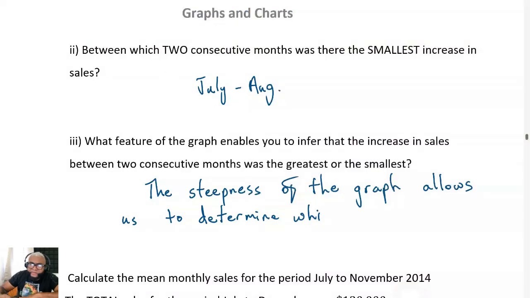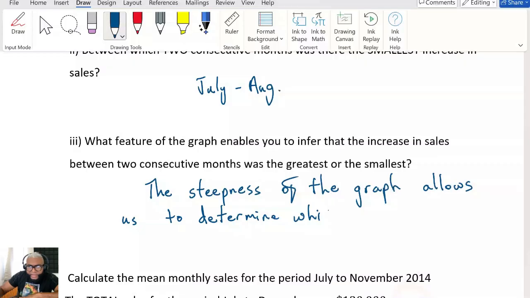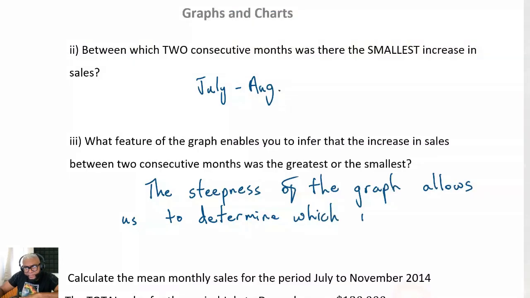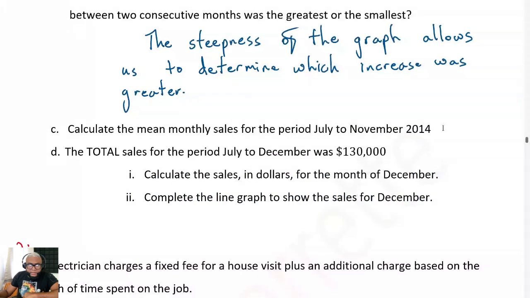If you don't know the word gradient, you can just use the word steepness. Now, if you are familiar with the word gradient, you can say the gradient of the graph, right? Okay. Everybody good there? Yes, sir. Right, there we go.